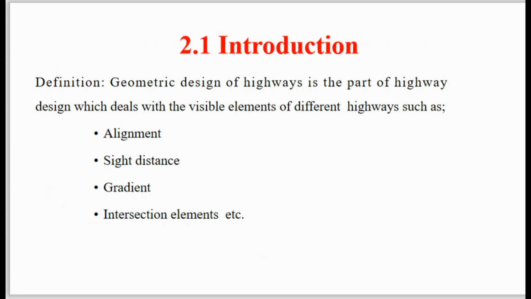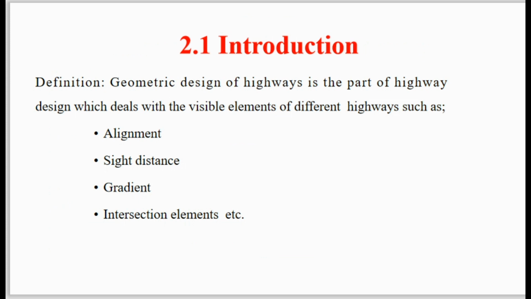First is the introduction. Now, the geometric design of a highway basically deals with the dimensions and layout of the visible features of the highway, such as the alignment, sight distance, gradients, and intersections.